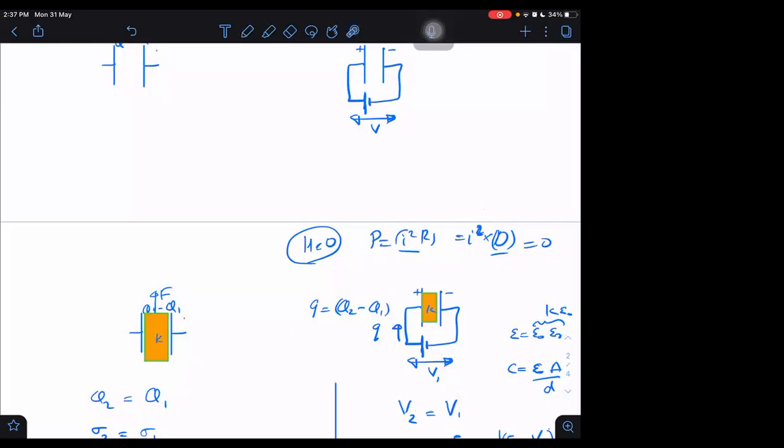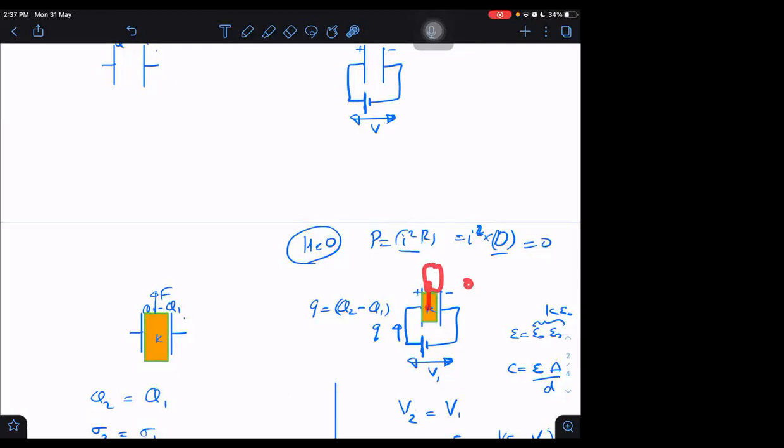While I'm saying such things, I have to specify that I is not becoming infinite. How can you guess that I is not becoming infinite here? Because while the dielectric is coming inside, does it take finite time or 0 time?